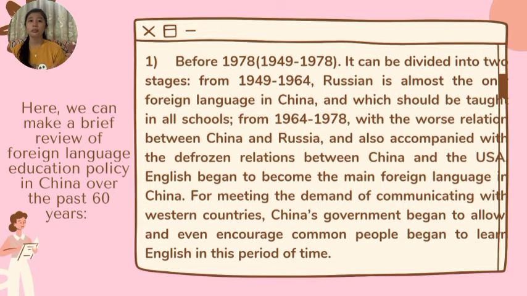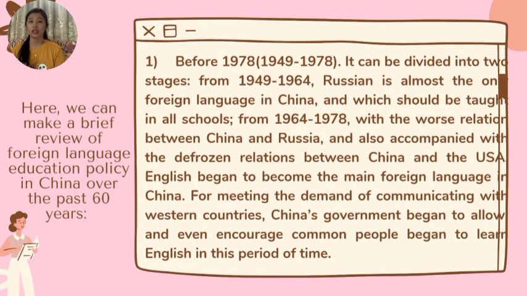From 1964 to 1978, with the worsening relations between China and Russia, and also the thawing relations between China and the USA, English began to become the main foreign language in China.